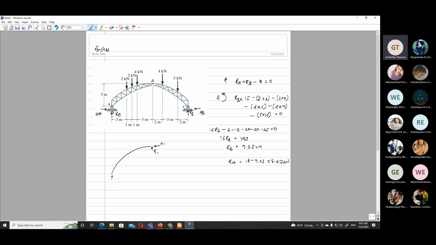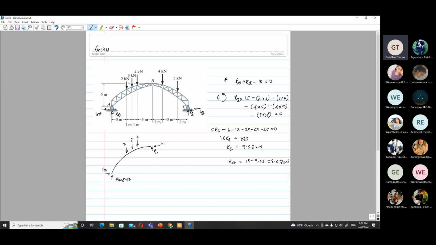This one as RA, HA. So RA is known already, 8.47. And here we have three forces: 2, 3, 4.